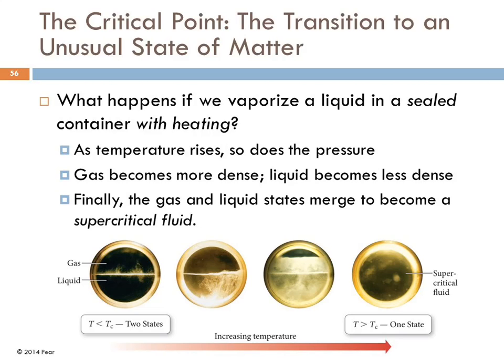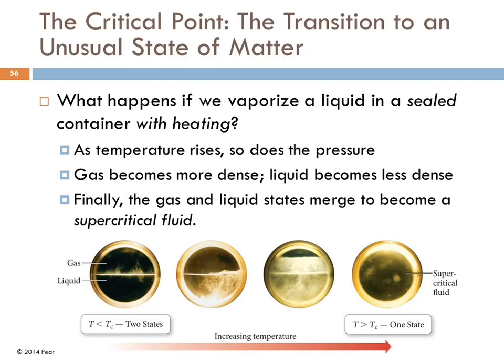And then it vaporizes, and we've got a gas in there and the pressure's rising, and as we continue to heat it, the gas becomes more dense and the liquid becomes less dense, and finally at a certain point the gas and the liquid states actually merge and they become a supercritical fluid.